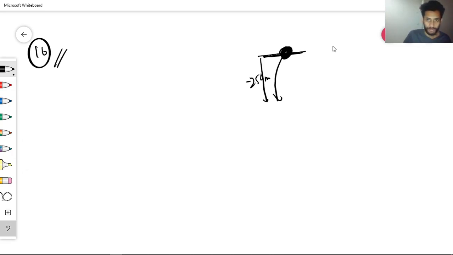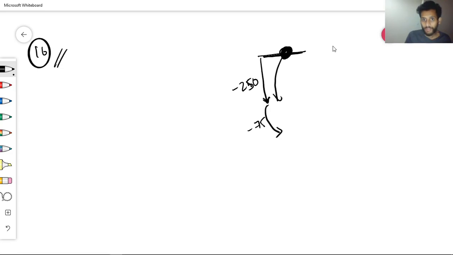Let me write it again. Minus 250. This is minus 250 because it went down. After that, from that point, it dived another 75 meters, so again minus 75. Now, which expression denotes this?